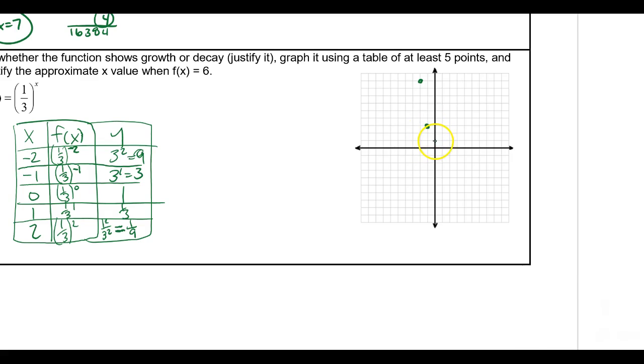And then 0 and 1. Exponential functions will always have a point at 0 and 1, because 0 always makes our exponentials equal to 1. Okay, actually, I apologize, they won't. Most of the time they will. Okay, so then 1 and 1/3. And then 2 and 1/9, so just a little bit closer.